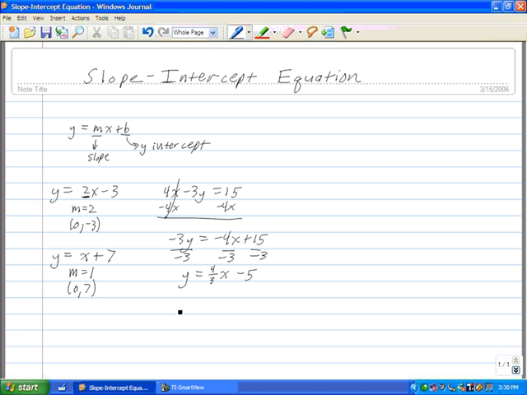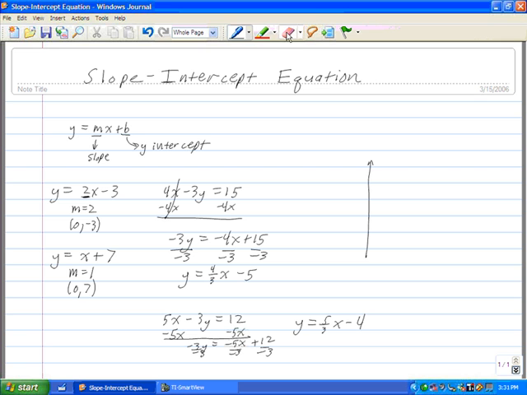If I had 5x minus 3y equaling 12, I could once again solve for the y. I'm going to divide here in my last step, and we get y equaling 5/3 x minus 4, and I could graph that by hand.